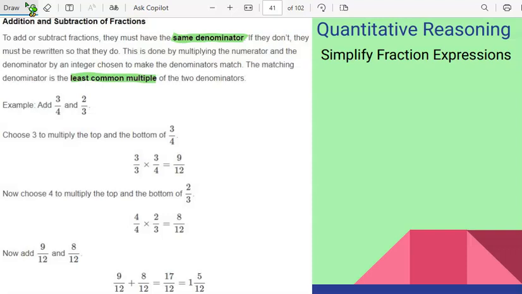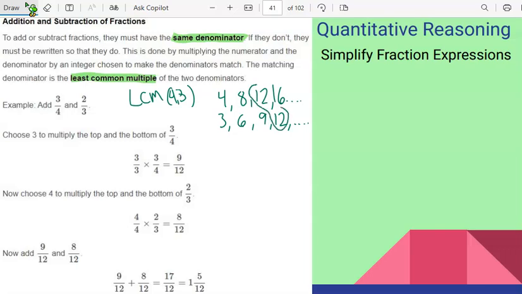You want to find the least common multiple of 4 and 3. 4, 8, 12, 16. 3, 6, 9, 12. The number that they both have here is 12. 4 times 3 is 12, and 3 times 4 equals 12.